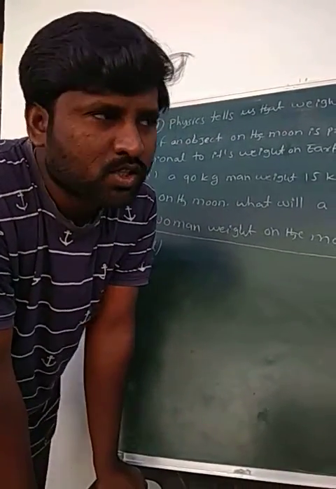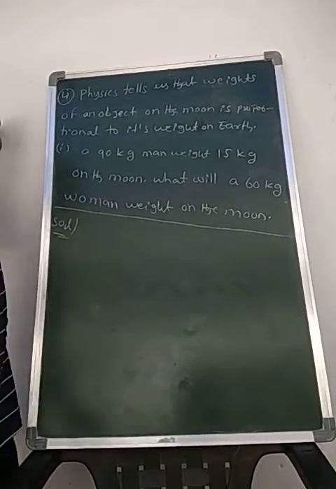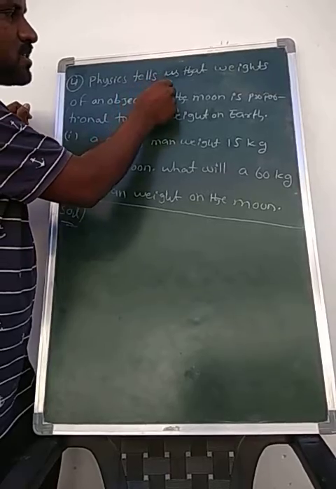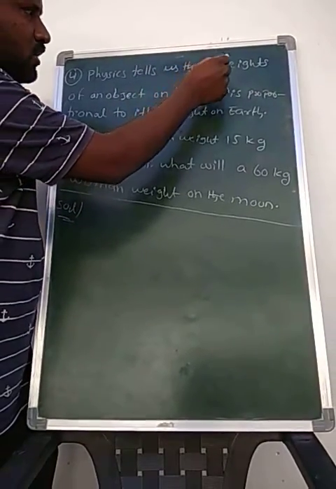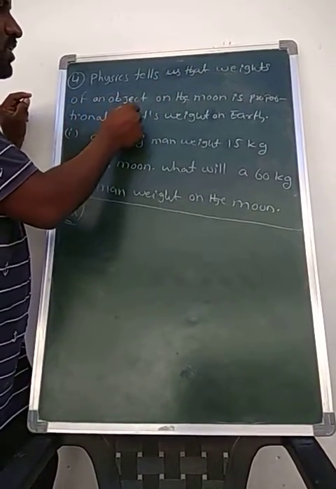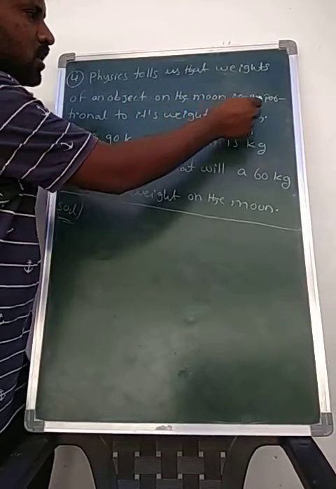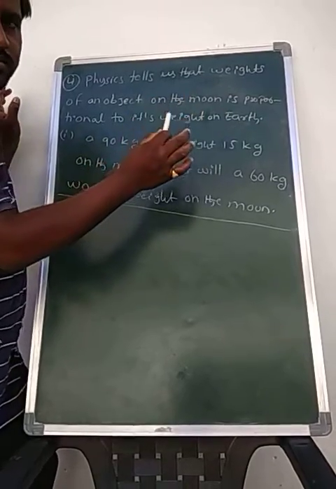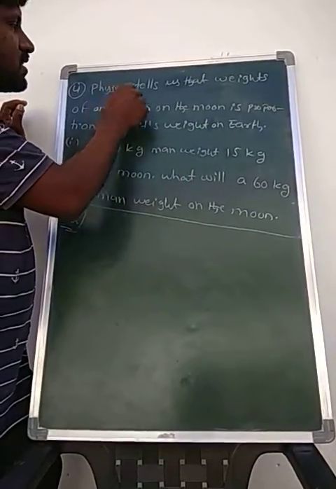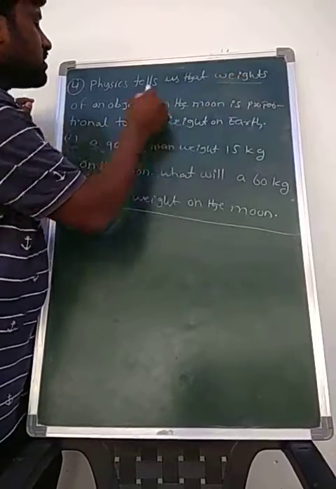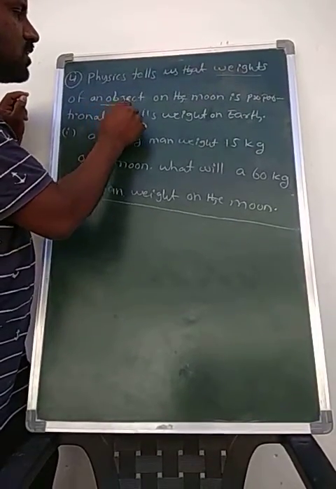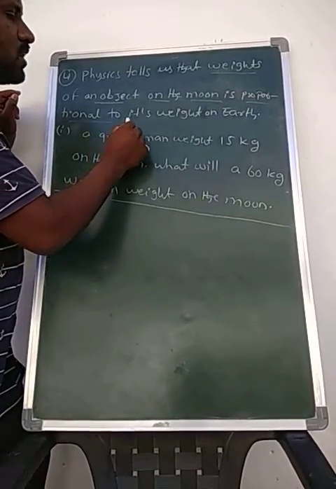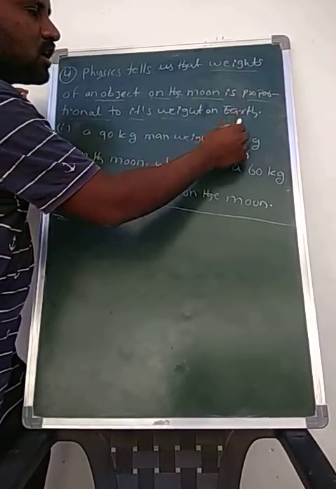Students, now question number 4. Here is a given statement: physics tells us that the weight of an object on the moon is proportional to its weight on earth.